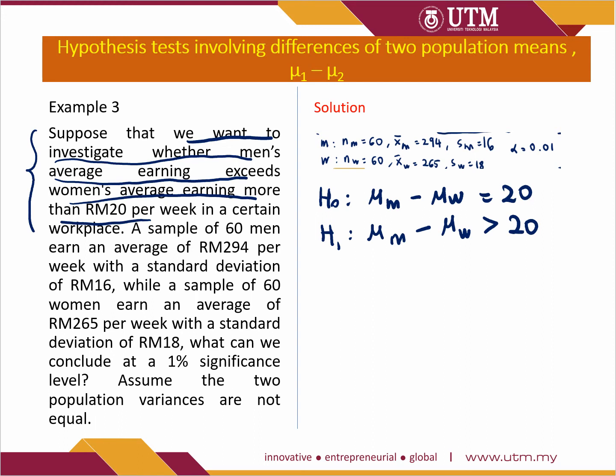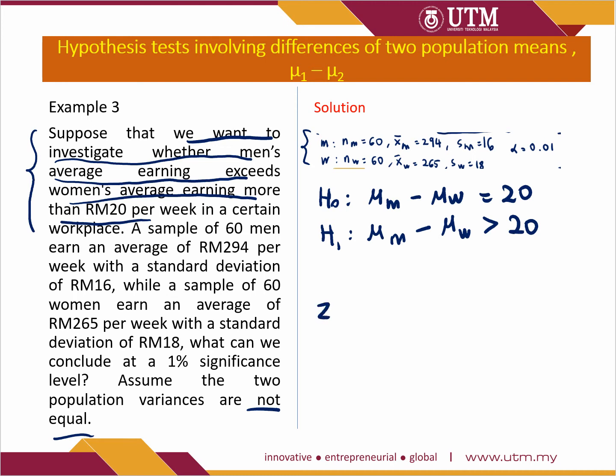Using this information, we also know that this is the case where the samples are greater than 30, and the population variances are unknown, but we assume that the population variances are not equal, so we will use the z-test.